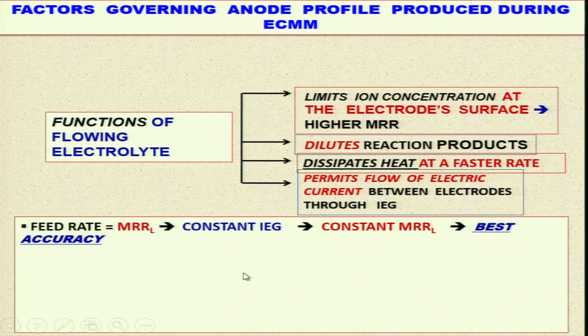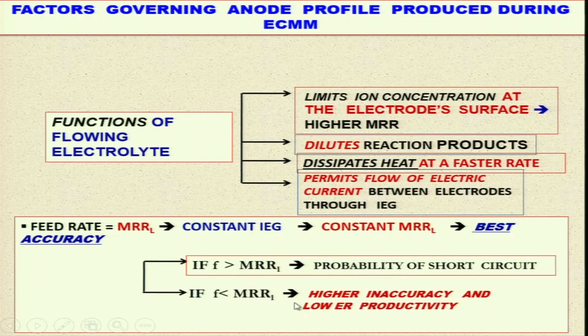Feed rate should be equal to MRRL, the linear material removal rate, so that you can maintain a constant inter-electrode gap, and constant MRRL is going to give you the best accuracy of the machined component. Please note it carefully that if the tool feed rate is greater than the linear material removal rate, there is a probability of short circuit. If the tool is moving faster than the material is being removed, then a short circuit may take place.